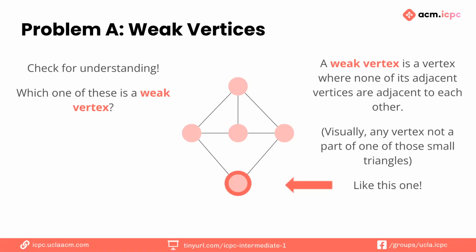So for example, in this graph, a very simple, small example graph, the bottom vertex is the only one that is a weak vertex because it's not part of a direct triangle. Even though it's part of this larger triangle, there's a vertex in the middle, which is creating a break in the connection between its 2 adjacent vertices. And so it's not part of an immediate triangle, and as such is defined as a weak vertex for this problem.